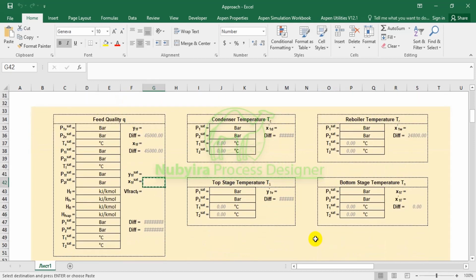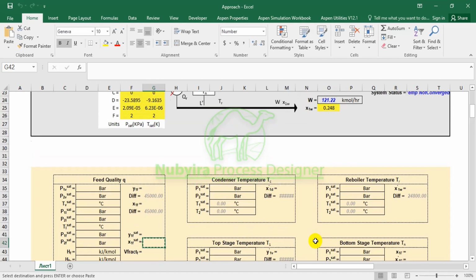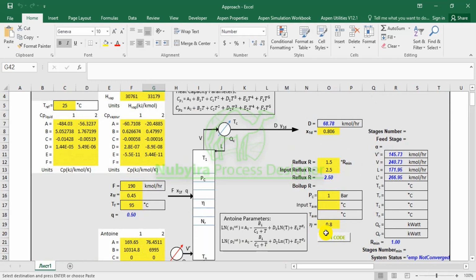So today we are continuing from where we stopped in the previous video on the shortcut binary distillation modeling with Excel and VBA. In the first video we worked on the material balance of the whole distillation column, and for the major streams, the vapor and the reflux flow in the rectifying section, while the boil up flow and the liquid flow in the stripping section.